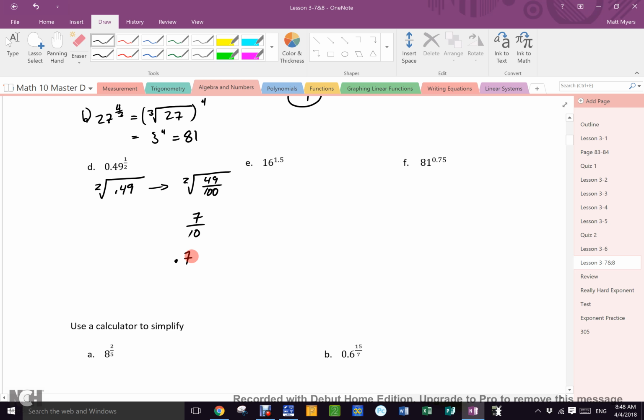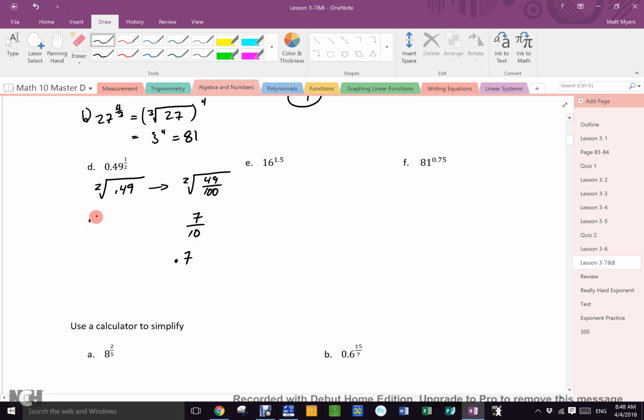Everybody with me? Now, here is something that you may wish to commit to memory. You may wish to memorize this. I've said memorize other things. You haven't, but I'm going to continue to try. If you have 2 decimal places, the square root has 1 decimal place.